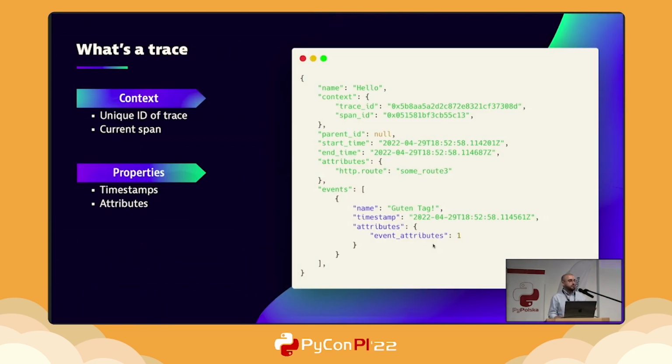Here is what an example of a trace looks like. It's basically a JSON with a bunch of information like what is the context, when was it created, so it's time-stamped, and you can attach a bunch of attributes to it. You can even assign events to it, so it can almost serve as a replacement for logs without using any additional monitoring technology.